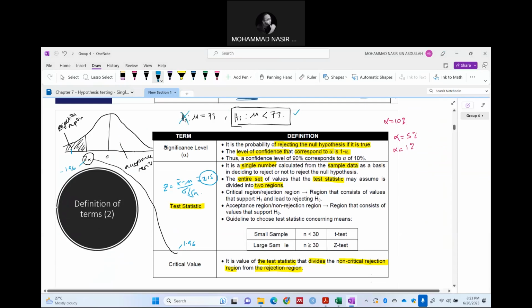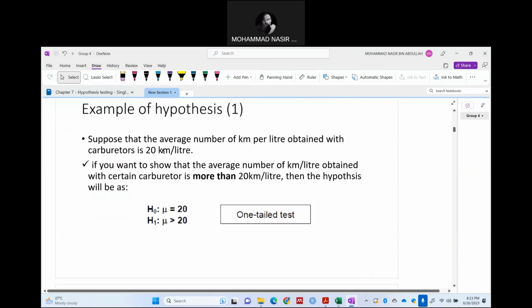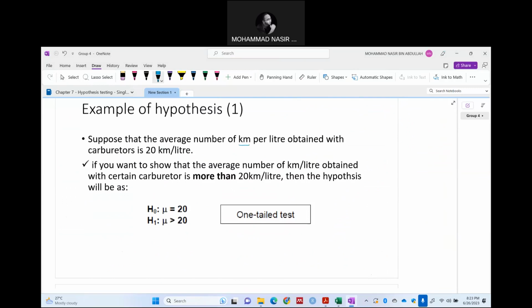No question? So now, this is an example of a one-tail test. Suppose that the average number of kilometers per liter obtained with a carburetor is 20 kilometers per liter. If you want to show that the average number of kilometers obtained with a certain carburetor is more than 20 kilometers, then the hypothesis will be, this is a claim, our claim is more than 20 kilometers per liter.